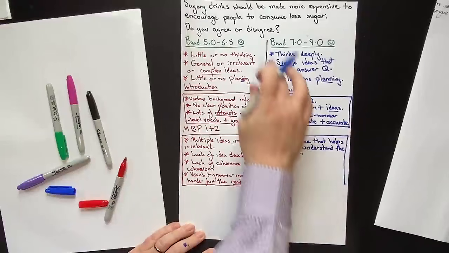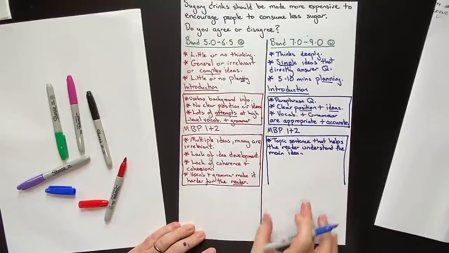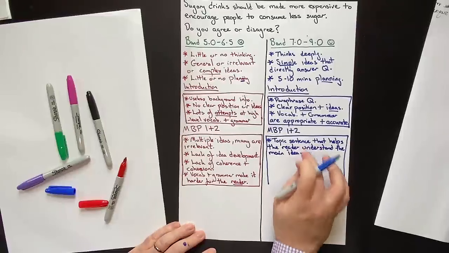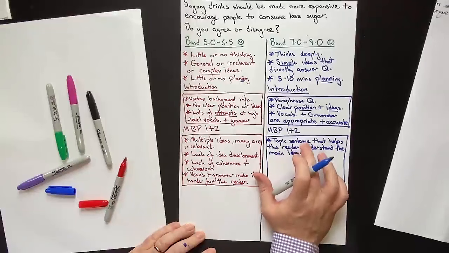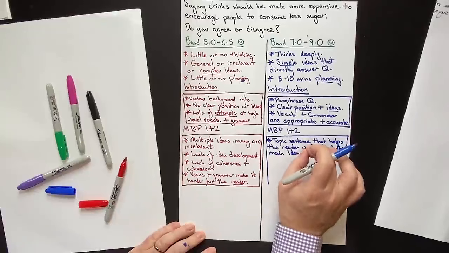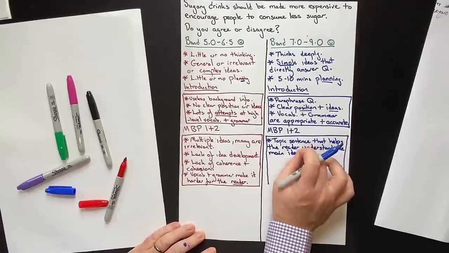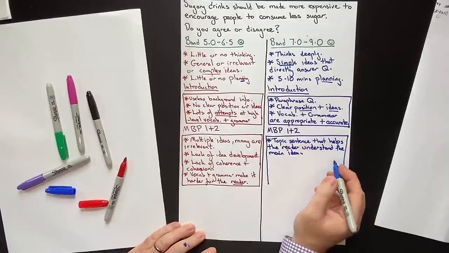Okay, so for do you agree or disagree questions, each main body paragraph will have one main idea. Your first sentence should be your topic sentence, and what it does is it just tells the reader, this is the main idea. This is what this paragraph is about. It is helping the reader.